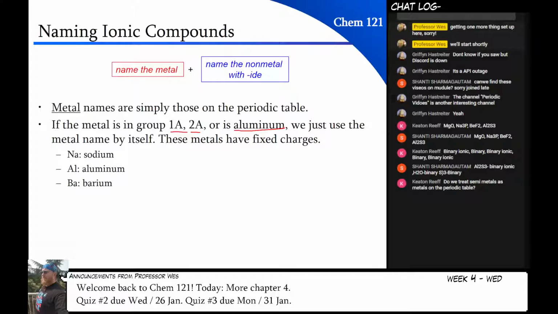I only am going to require that you know that these elements, groups 1A, 2A, and aluminum, and if you're not using the A notation, these are just groups 1 and 2. Or aluminum, which is by itself, often column 3. We're going to name these with just the name. And the reason for this is because the charges that they adopt follow the octet rule.